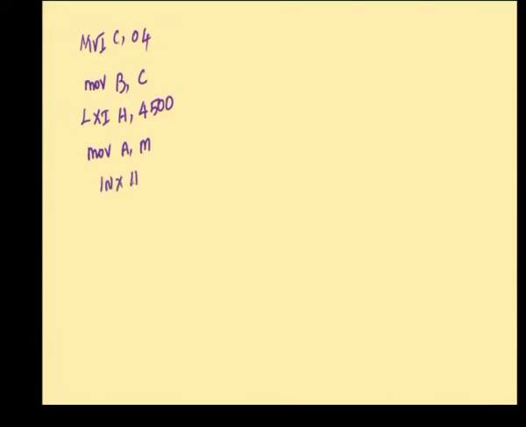So, I will write the program for this logic. MVI C comma 04, then move it temporarily, storing this to another counter, then initialize the memory location LXI H comma 4500, then move the first data to the accumulator, then increase the location, then compare the next data.